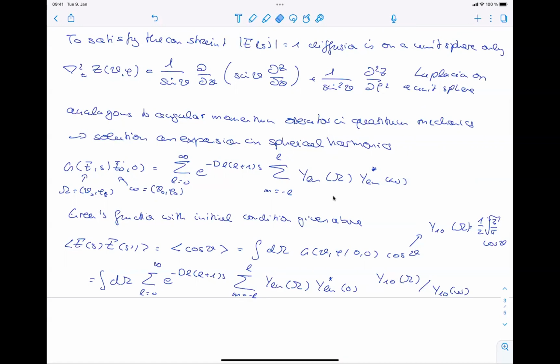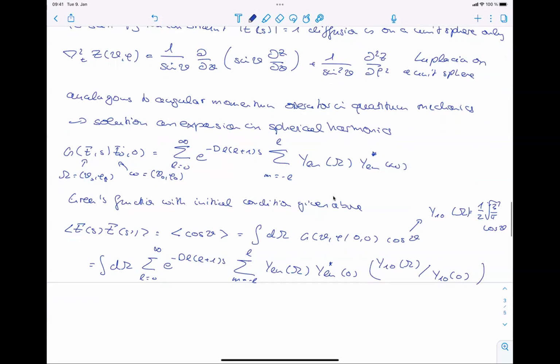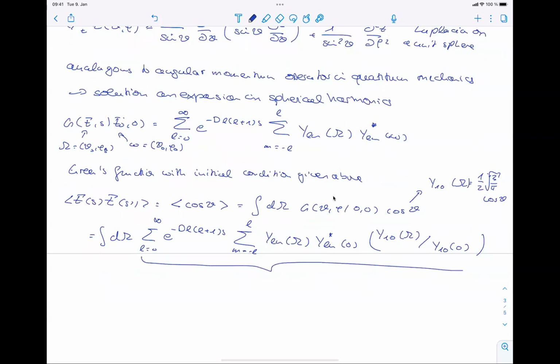Here, the omega in the 0 state I denoted with the 0. Then we know that these sums, because of the orthonormality, give us a delta L1 and a delta M0.